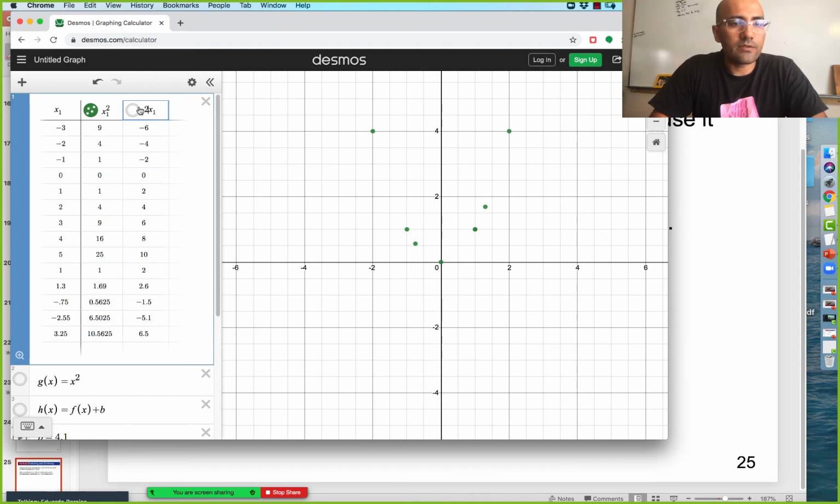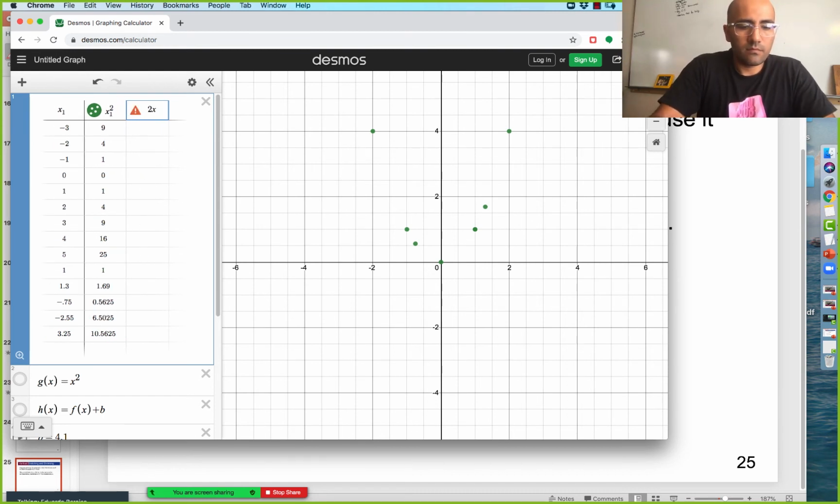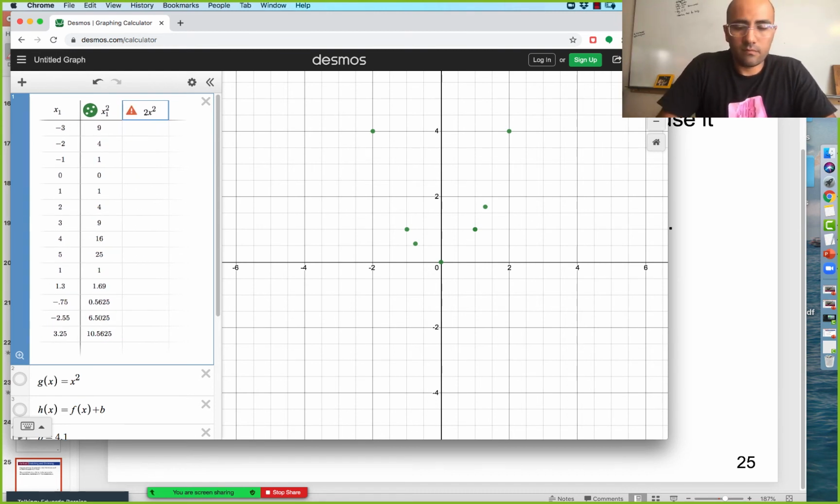What's going to happen to that? So on a point-by-point basis, what happened to this thing? There. So if we multiply everything by 2, then we're just doubling all our values.